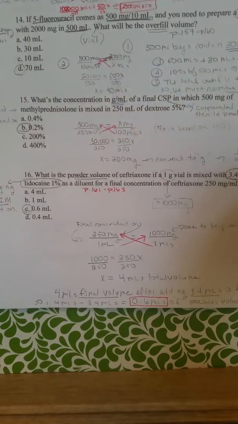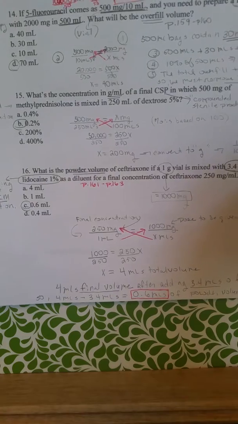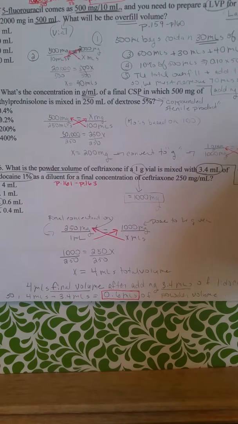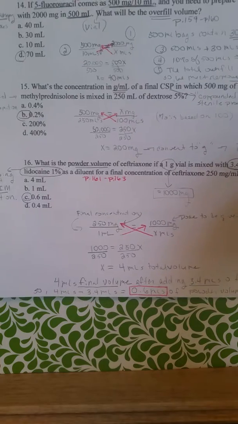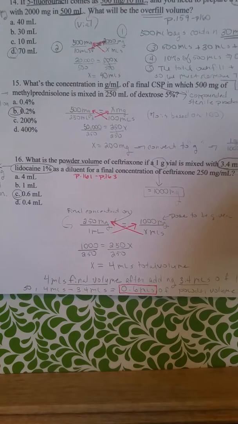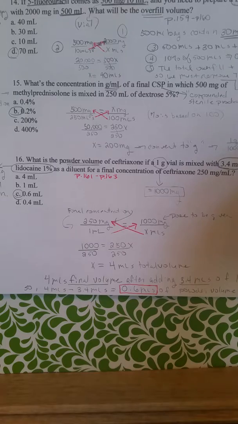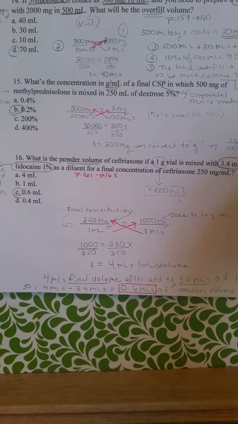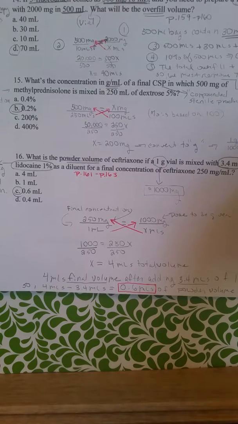Alright, so number 15: what's the concentration in grams per mL of the final CSP, in which 500 milligrams of methylprednisolone is mixed with 250 mL of dextrose 5%? They're asking this in grams per mL. We're going to figure it out in milligrams, so once we get the milligram quantity, we need to convert that to grams.